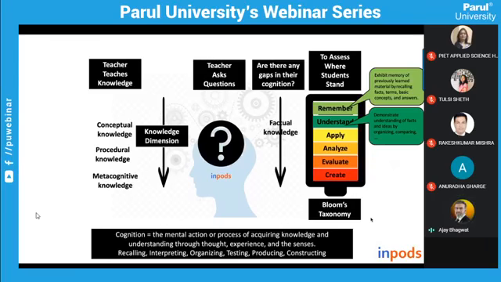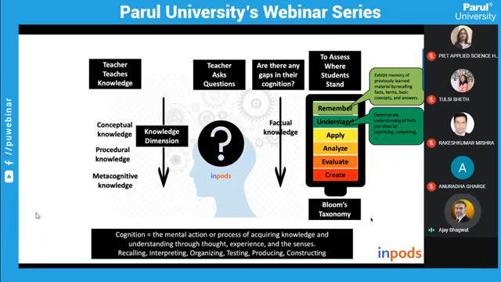And if you were expecting almost 75% of the students to be at the understand level, and you are finding 50% of students at the understand level, that means there is a gap of 25%. And that's the analysis of gaps when it comes to identifying the gaps in the learning outcomes.